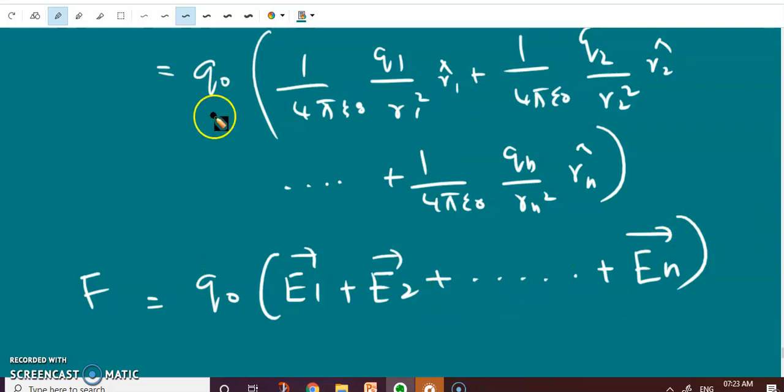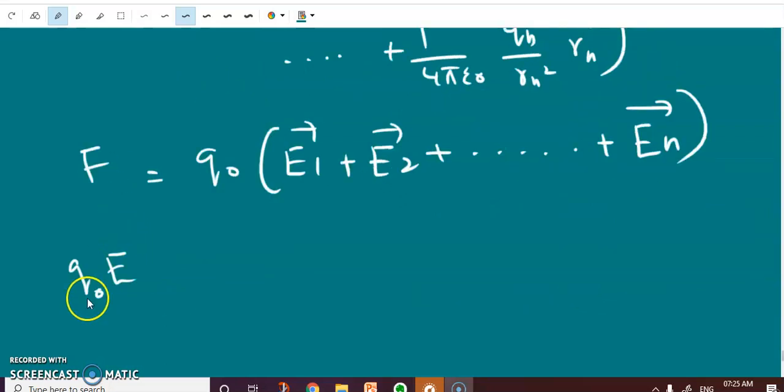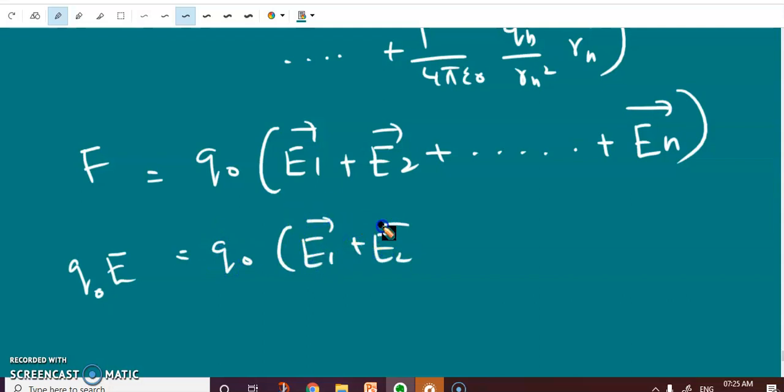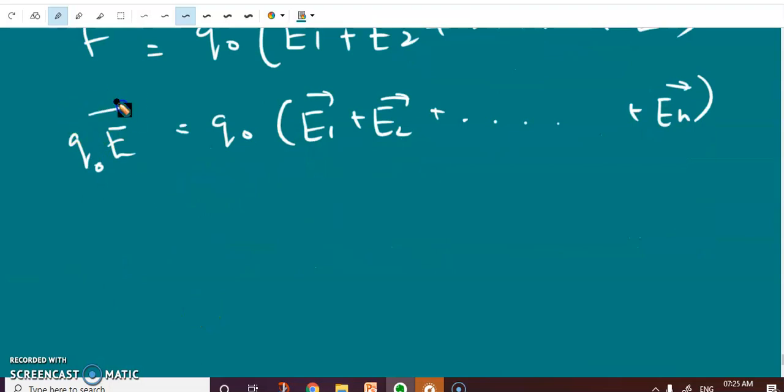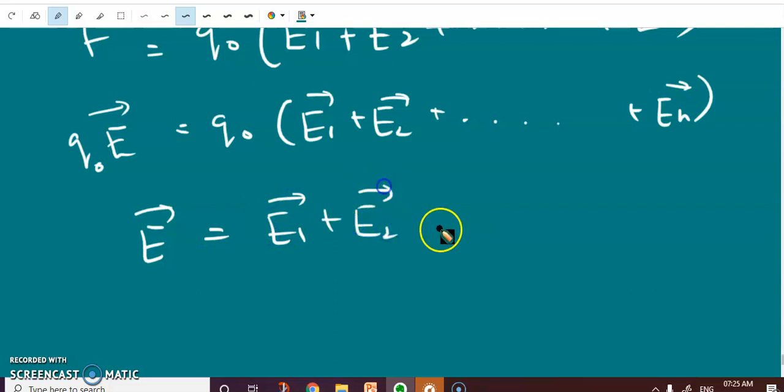But we know that F is equal to Q0 times E, where Q0 is our test charge. So Q0 into E1 plus E2 plus etc. up to En. So cancelling Q0 from both sides, we get vector E is equal to the vector sum of the individual electric fields.